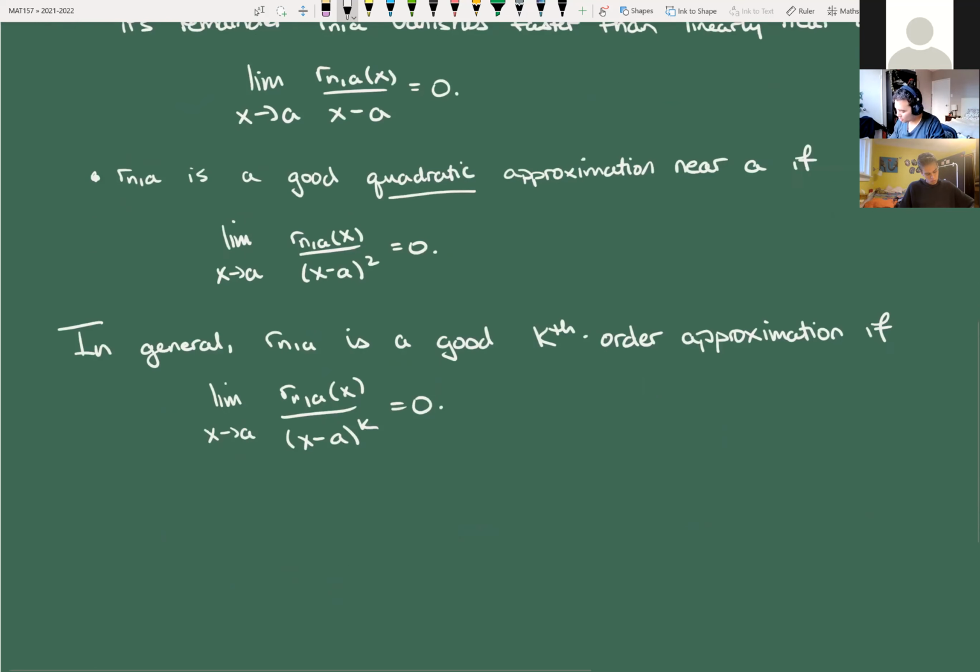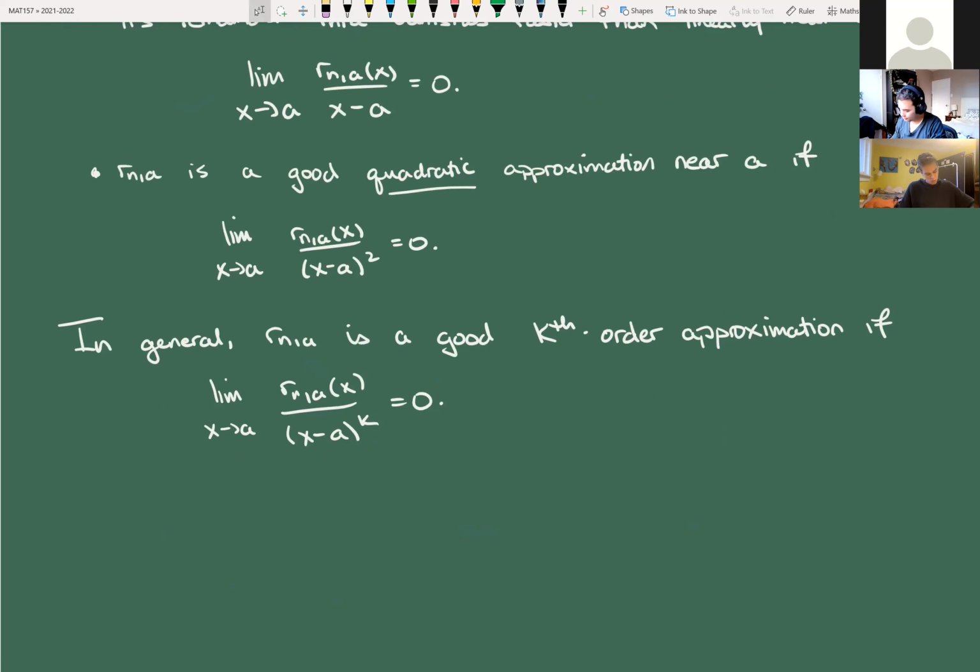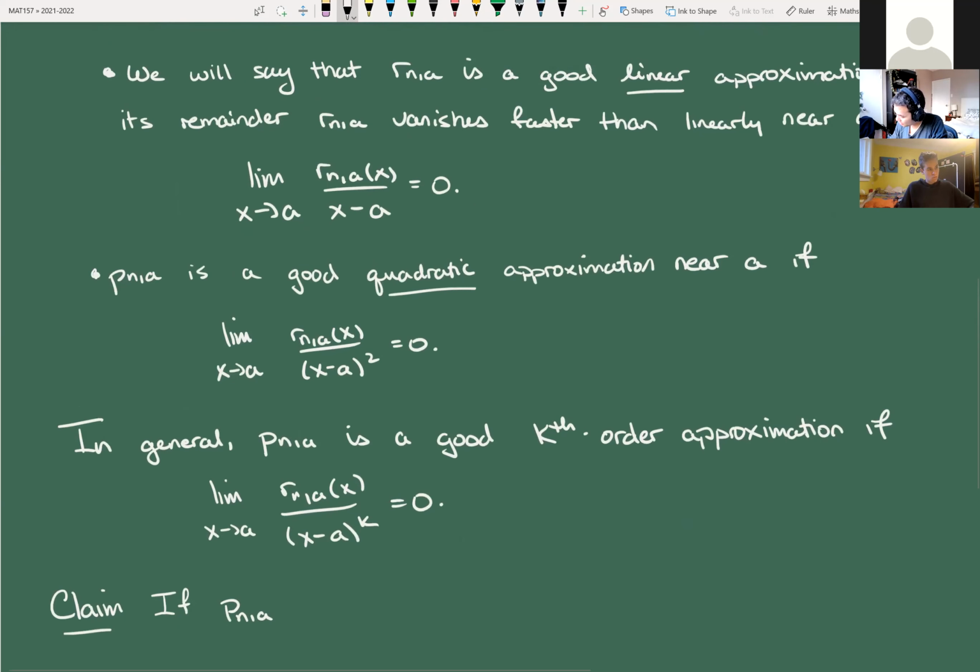Okay. So the claim that I am going to make and subsequently prove is the following. Claim, if P_{n,a} is a good kth order approximation. Oh, sorry, these should be P_{n,a}'s, right? The polynomial is a good approximation, not the remainder. Yeah, the polynomial is a good approximation.